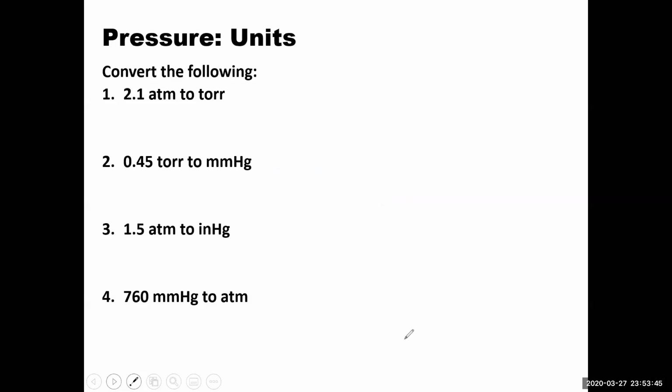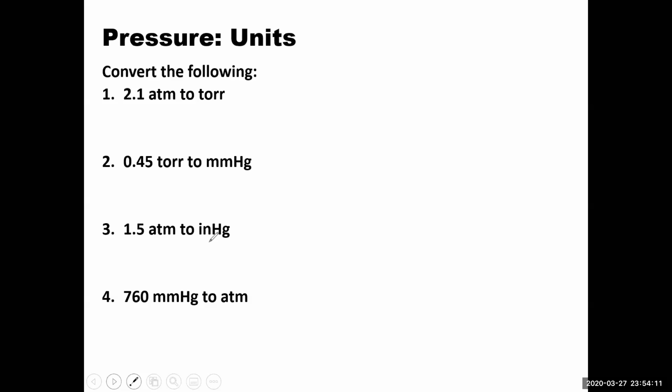Now let's do number 3. We're starting off with 1.5 atmosphere, and we want to convert this pressure into units of inches of mercury. Now for this problem, there'll be several different conversion factors that we have to go through until we can finally get into inches of mercury.